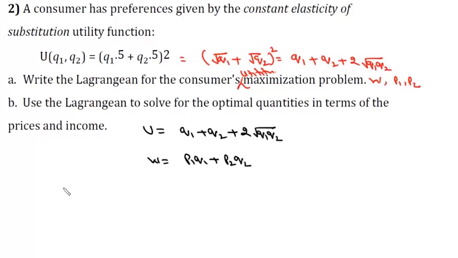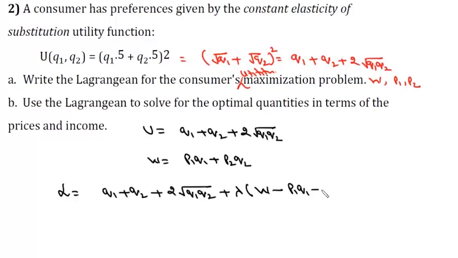Now we'll write the Lagrangian function, so it will be Q1 plus Q2 plus 2 times under root of Q1 Q2 plus lambda times W minus P1 Q1 minus P2 Q2.